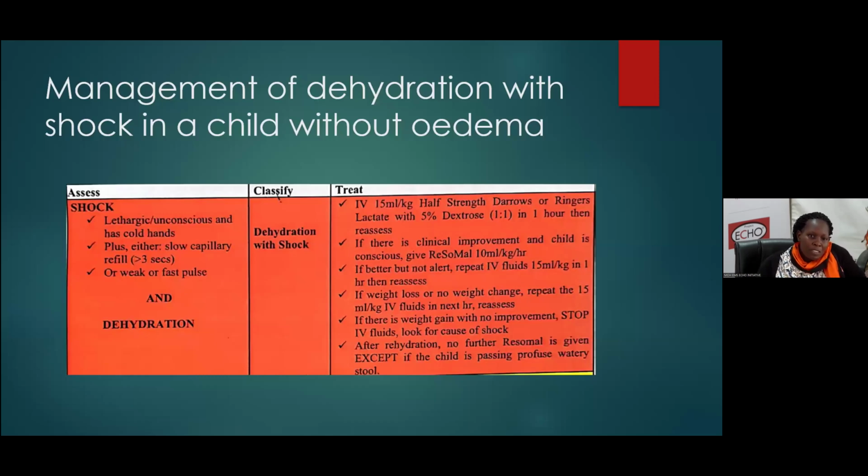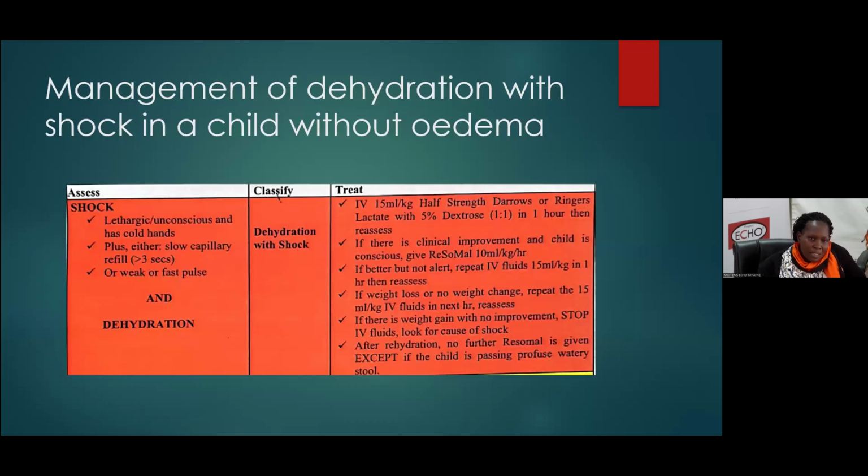So if you give the first 15 mils per kg in 1 hour, and then you reassess your child, you find out that their level of consciousness is improving, their extremities are getting warmer, and the capillary refill might have improved to about 2. Stop your IV fluids and continue giving this child ReSoMal at 10 mils per kg per hour, okay?